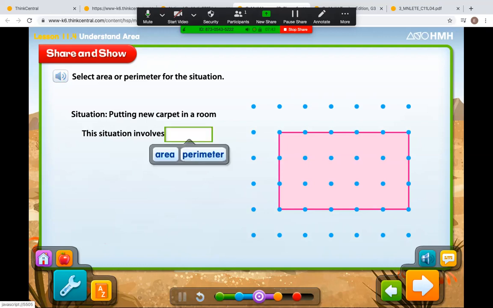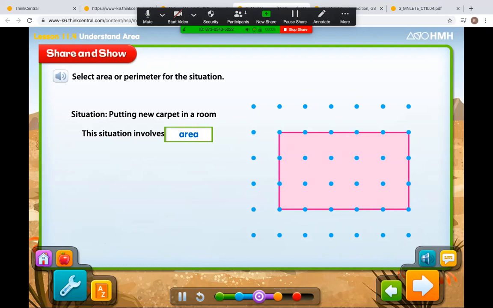If I'm going to put a carpet in my room, of course, I'm not going to choose the distance around the room because the carpet is supposed to be covering the full room. So basically, this situation involves area. That's right. Putting a new carpet in a room involves area.